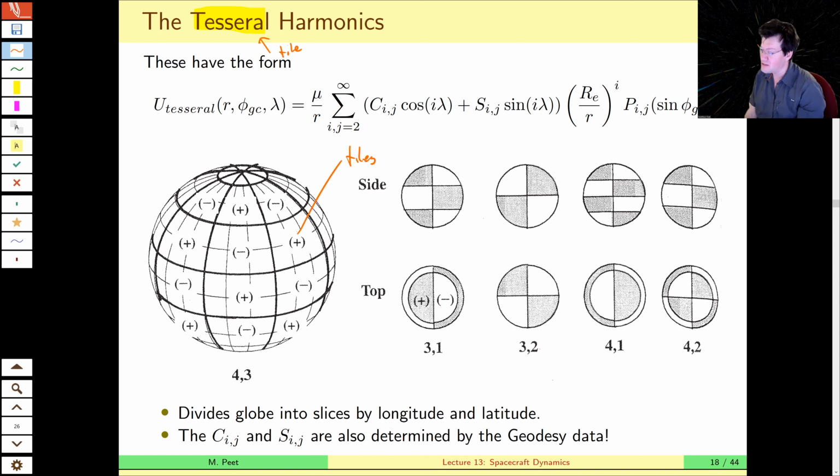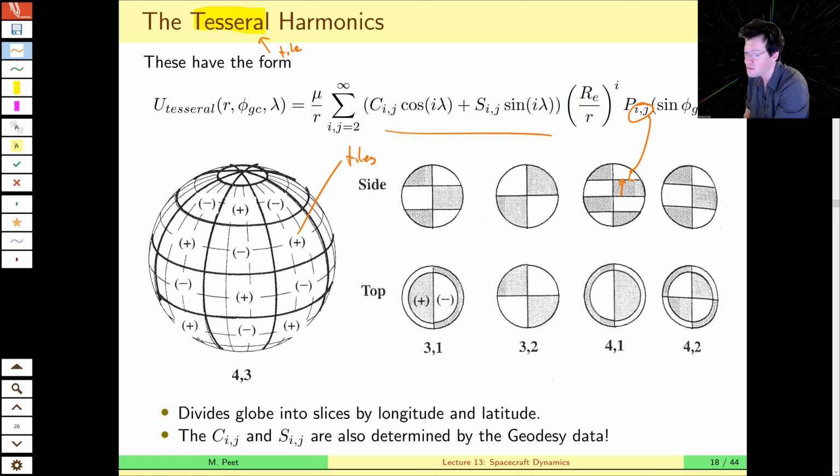And here we're using these higher order Legendre polynomials. Notice that's two subindexes, and with the two subindexes you get these variations with latitude. There you get pluses and minuses, both in latitude and in longitude.